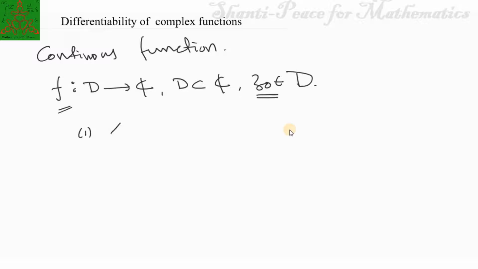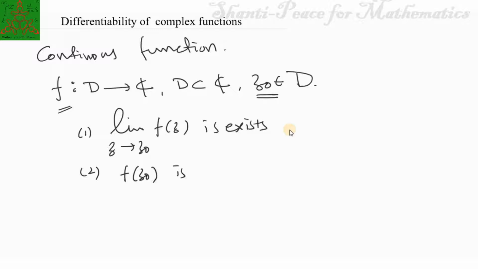The first one is that the limit of f of z as z tends to z0 exists. The second one, f of z0 exists, that means at that point the function has a value. And the third one, the limit of f of z as z tends to z0 is equal to f of z0.